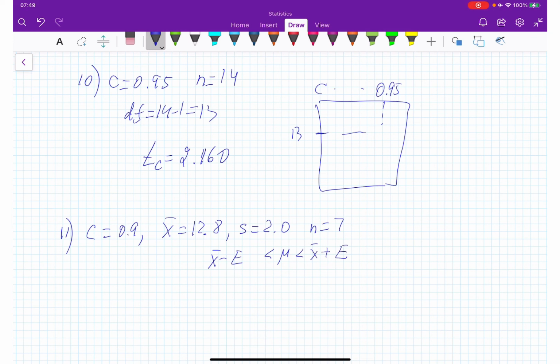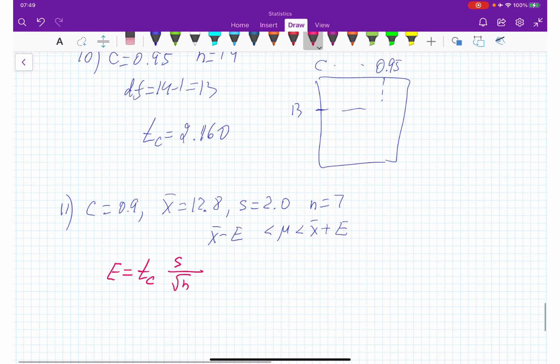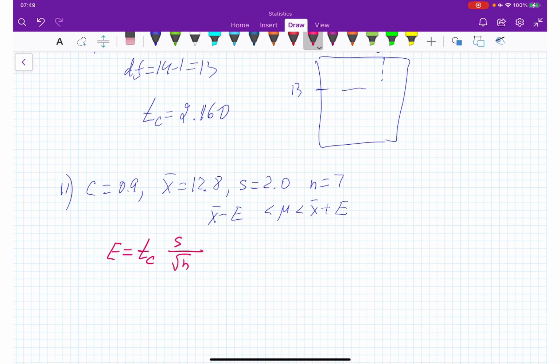So it's exactly same formula what we did. We have x bar, and same way we need to find margin of error. For margin of error, in the case of t-score, we are going to use t critical and s, meaning sample standard deviation, over square root of n. All right, s we have, n we have. We need to find t critical.